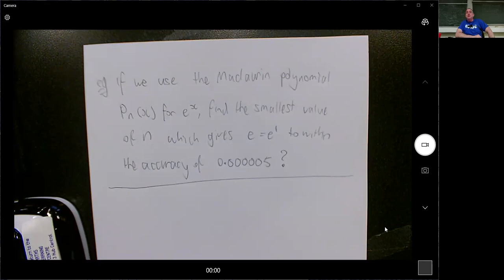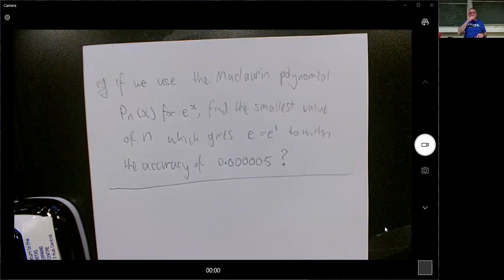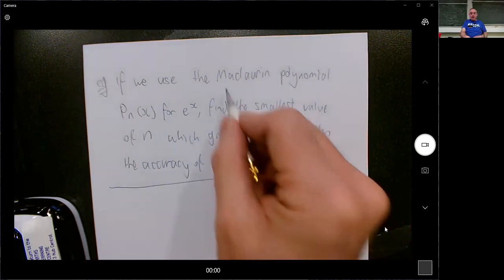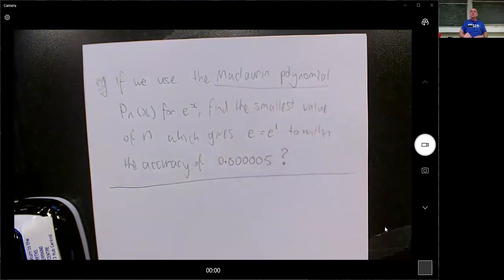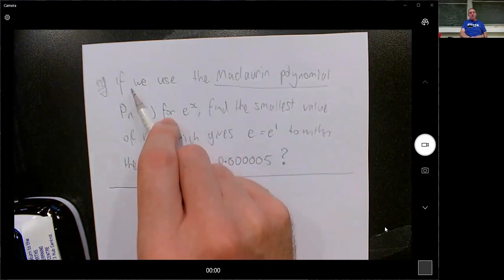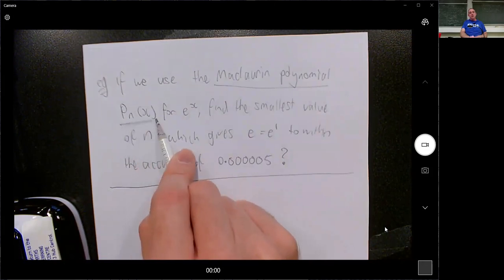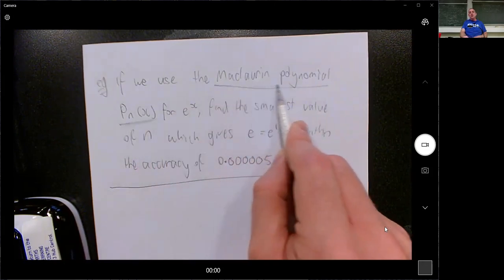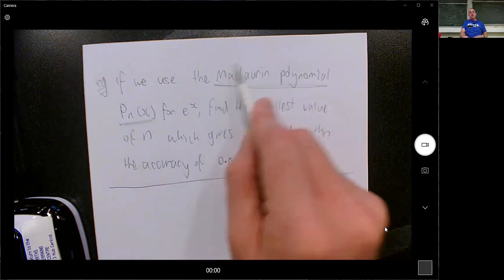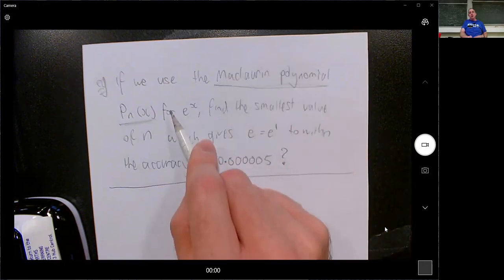The first word I've come to is the Maclaurin polynomial. The grammar of this sentence says, if we use the Maclaurin polynomial Pnx, this Pnx is the symbol they're using today for the Maclaurin polynomial, and you'll see that it is for this function e to the power of x.